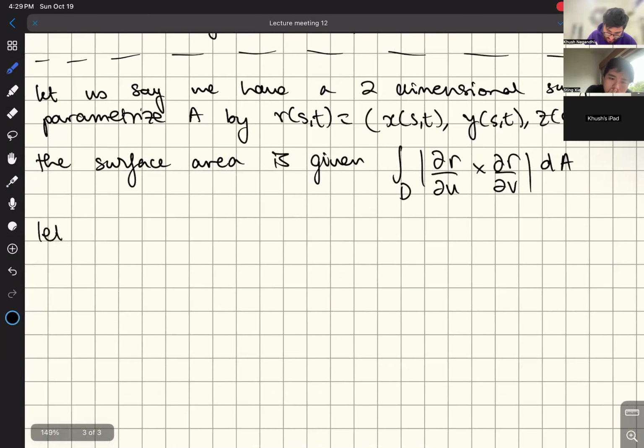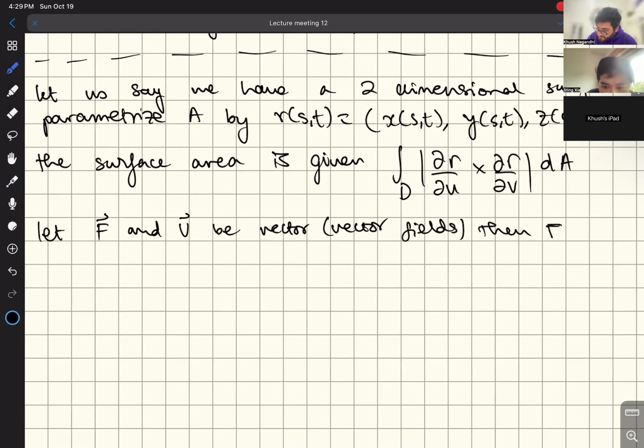So the cross product. Let F and V be vectors or vector fields.